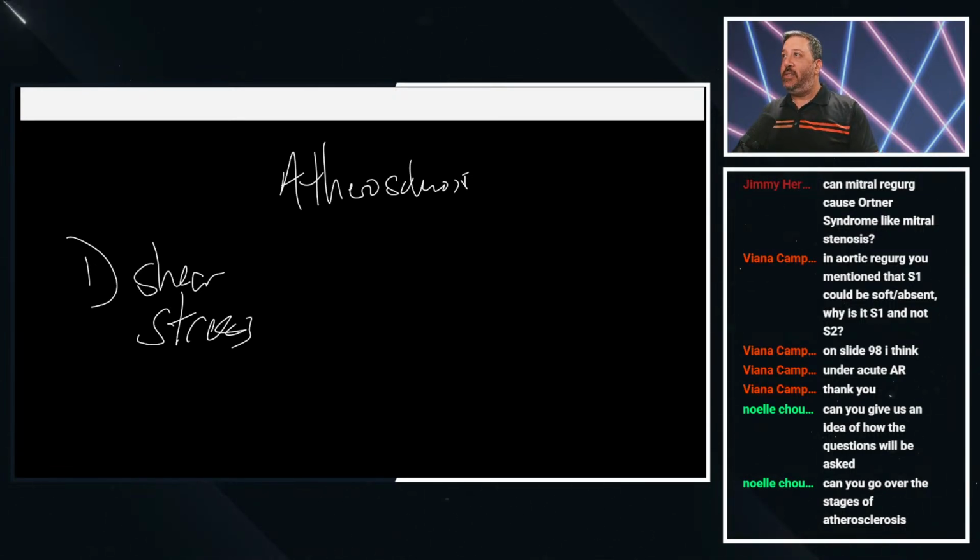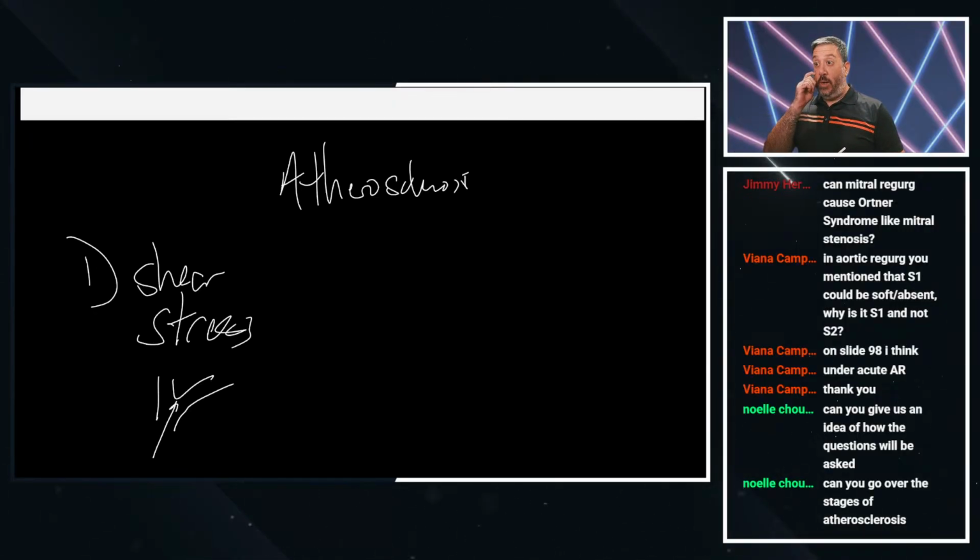So shear stress. Okay, remember, mainly going to happen at the bifurcations. That's where the shear stresses are highest. That's where we get the injury to happen to the vessel. So that causes the injury.